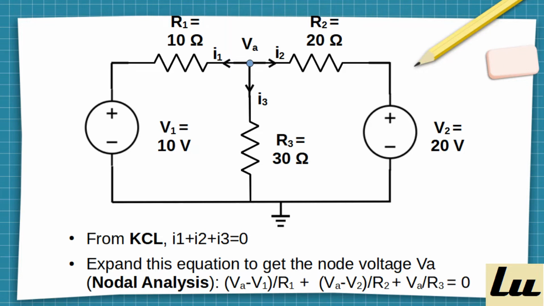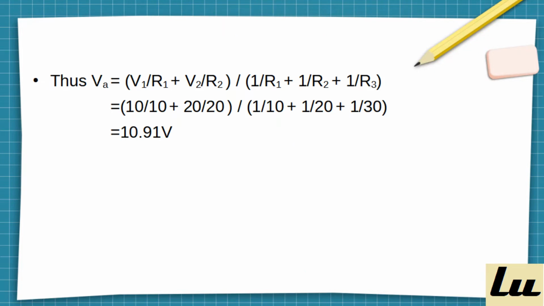Nodal analysis by replacing I1 by VA minus V1 divided by R1, replacing I2 by VA minus V2 divided by R2, and replacing I3 by VA divided by R3. Bring the voltage source and resistance values into the equation, and the calculated VA is 10.91 volts.